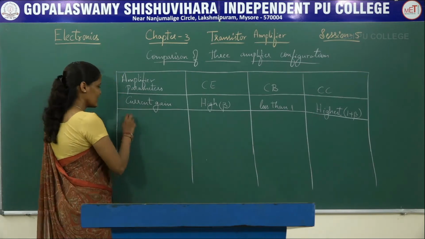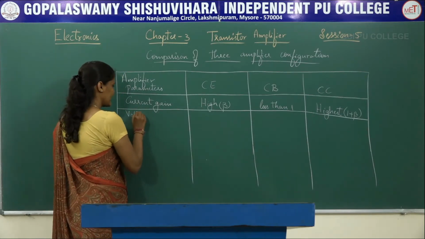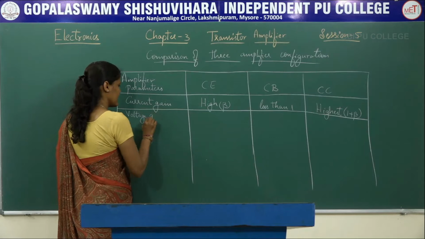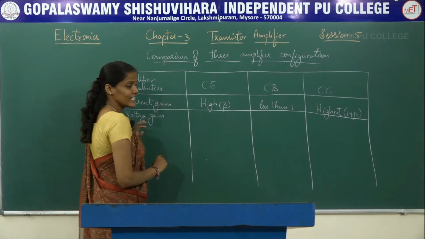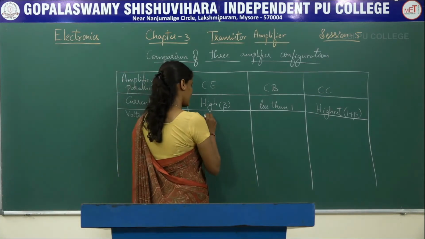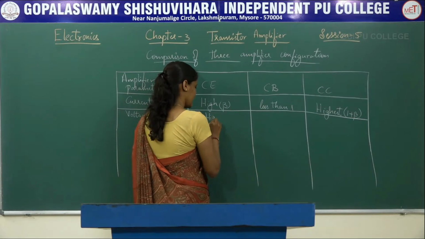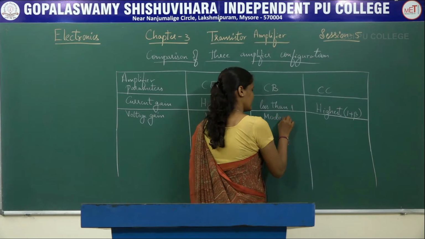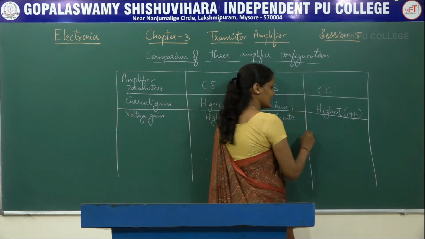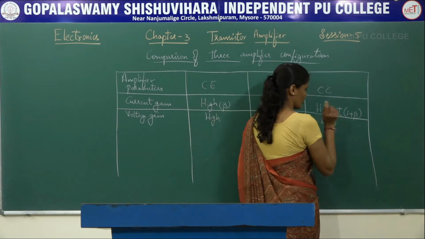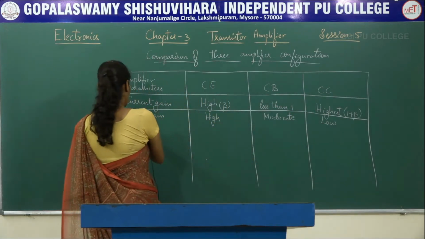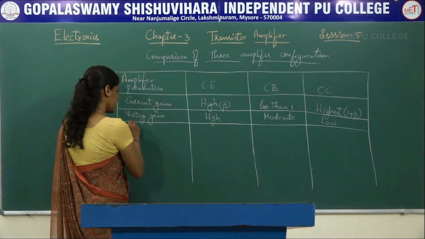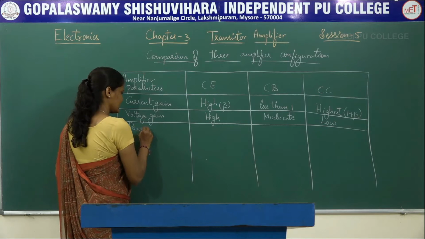So the next parameter is the voltage gain. The voltage gain in the common emitter amplifier circuit is high. Here it is moderate, and in the common collector it is low. Coming to the third parameter, that is the power gain.